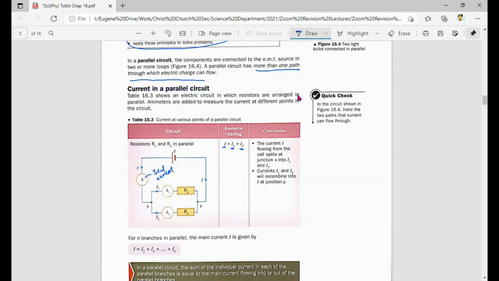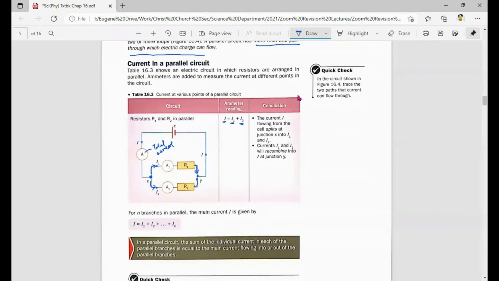So the conclusion is, current flowing from the cell splits at junction X. At this point, current will split into I1 and I2, and they will recombine back at junction Y. So for n branches in parallel, if there are two branches, the total current will just be equal to the current in branch 1 plus the current in branch 2. If I have more than that, it will be I3, or if I have 4 branches, it will be I4, plus whatever, depending on how many branches you have.